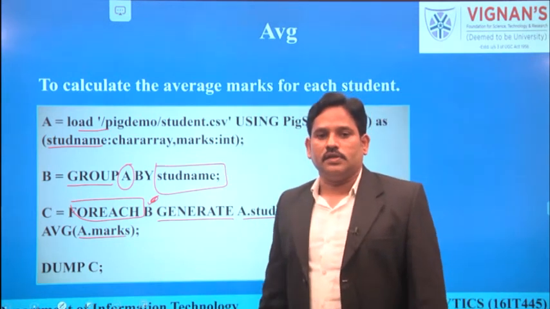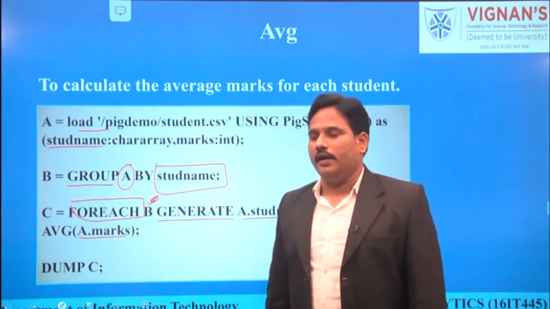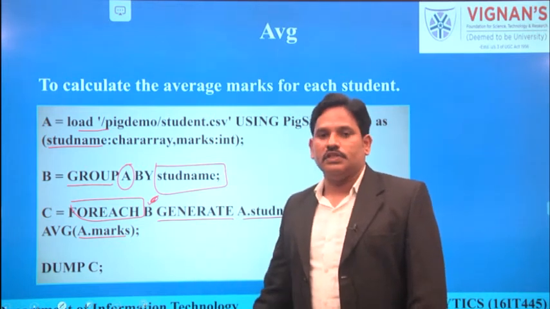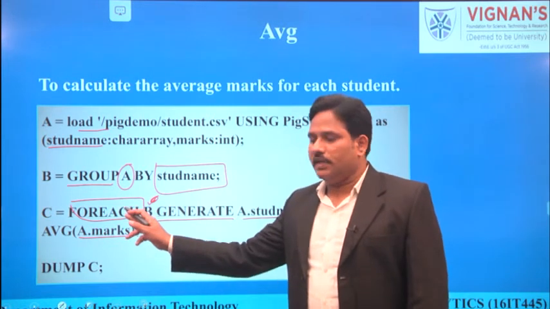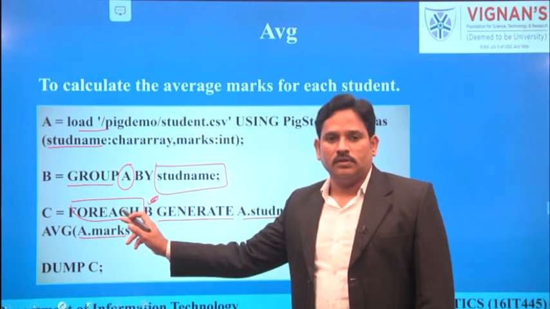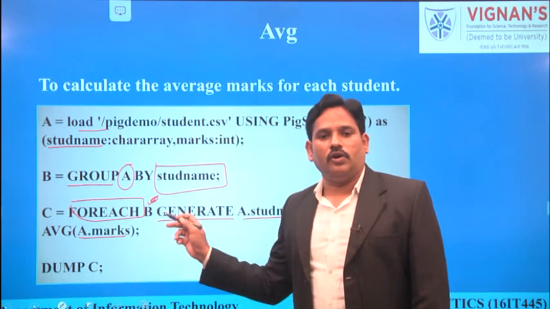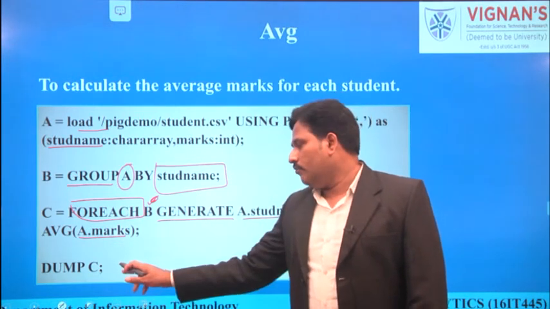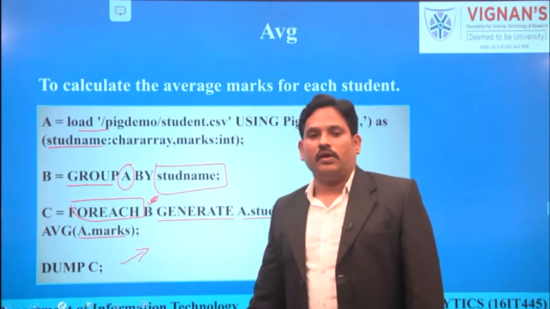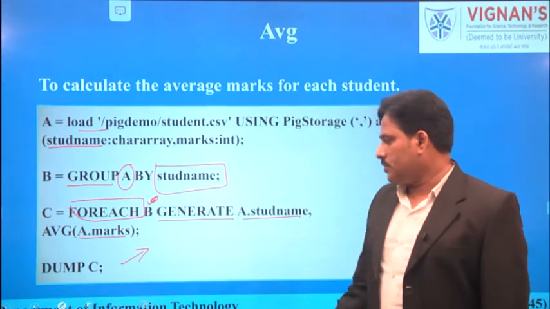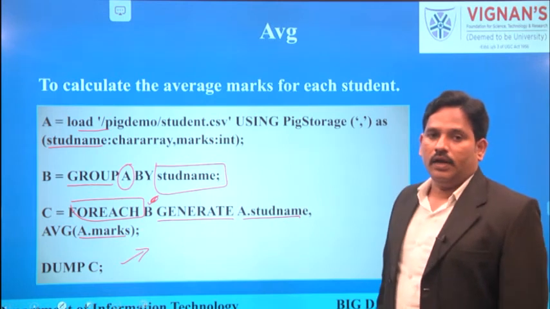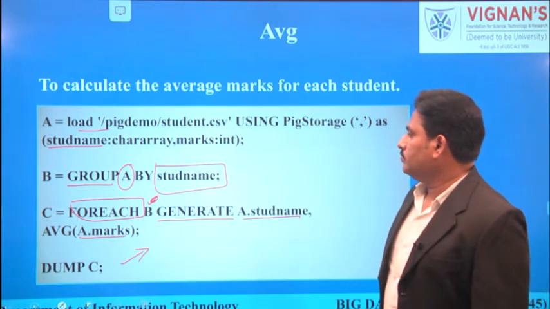After grouping all the students' information, we are calculating the average of each and every student. That means it is an iterative statement. The statement is going to be applied for all the records. Finally, we are displaying the average marks of all the students using dump.